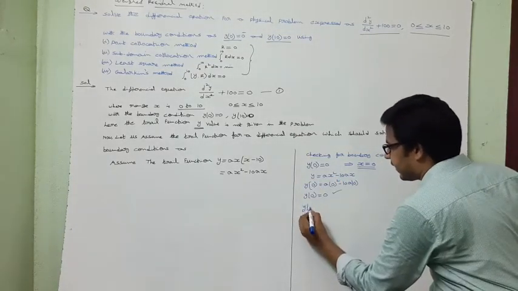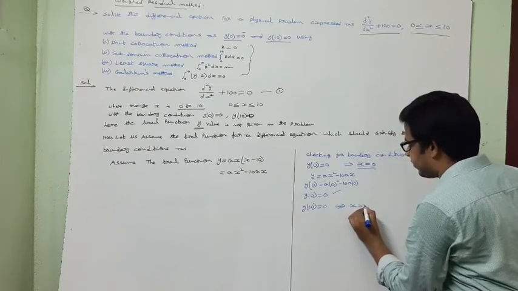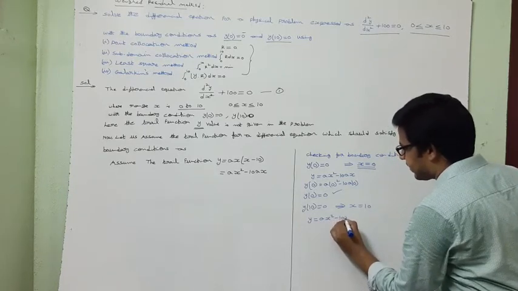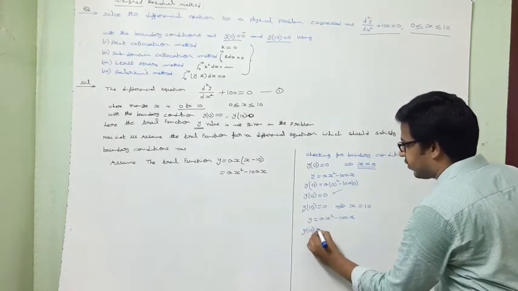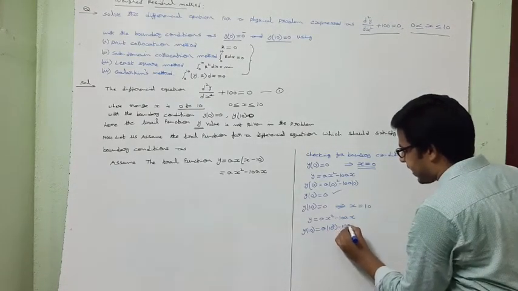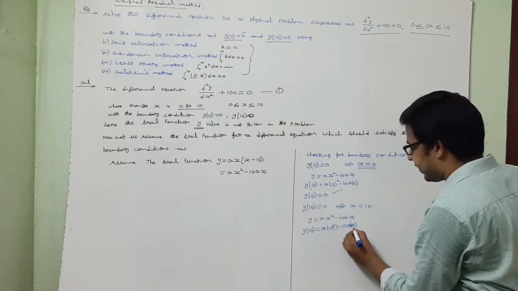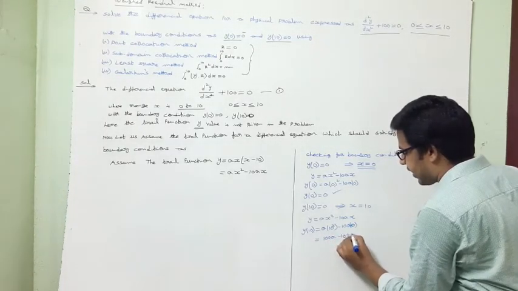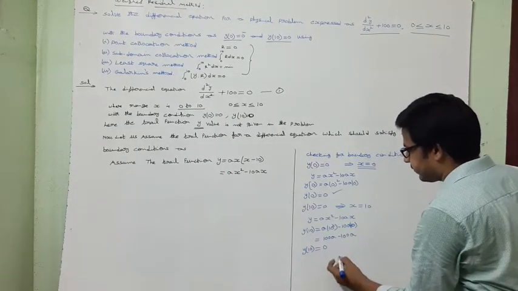Y of 10 is equal to 0. If x is equal to 10, y equal to ax square minus 10ax, so y of 10 is equal to a into 10 square minus 10a into 10. So y of 10 is equal to 100a minus 100a, which is 0.